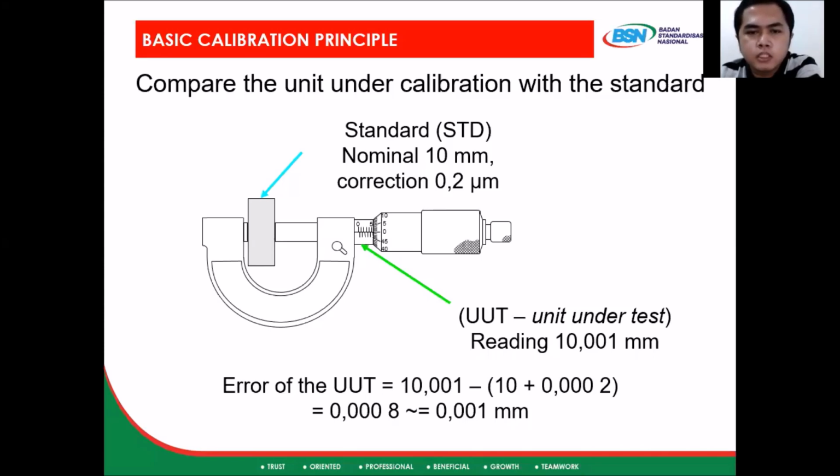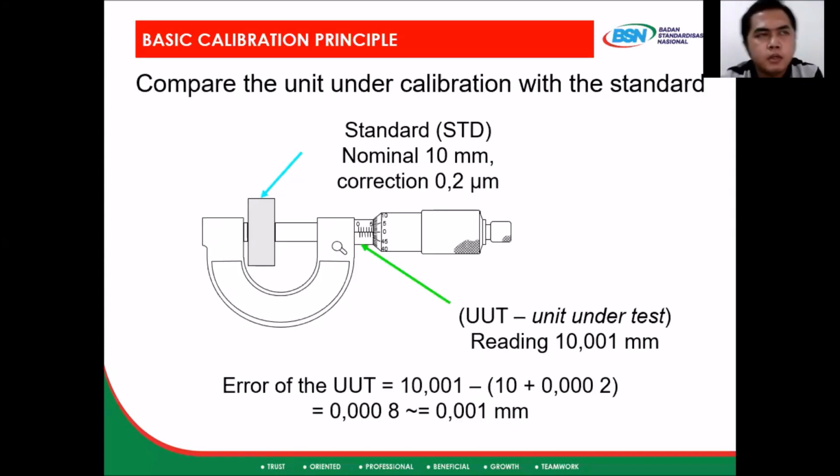The UUT is the caliper, and the standard is the gauge block. The UUT has a reading of 10.001 millimeter, the standard nominal is 10 millimeter, and there is already the correction from the certificate, which is 0.2 micrometer. So the error of the UUT is the UUT subtract the standard. So the result is 0.001 millimeter.